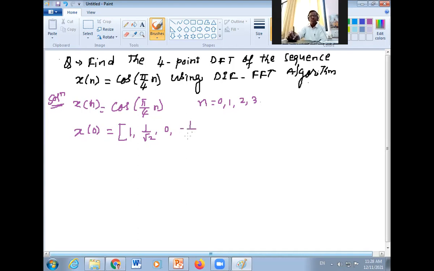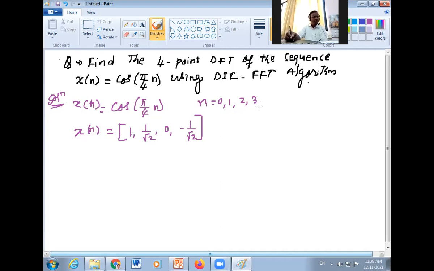By substituting the values of n, we have found the input sequence x of n, for n equals 0, 1, 2, 3.